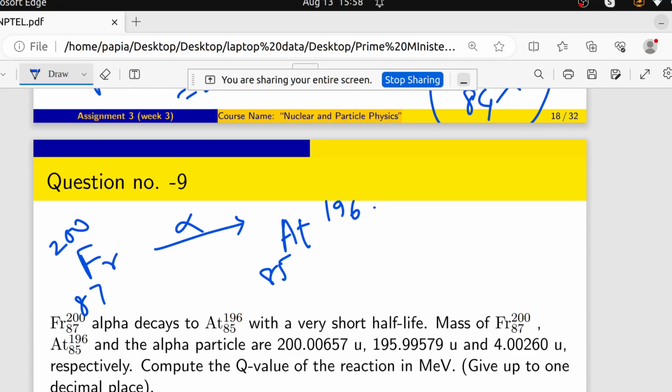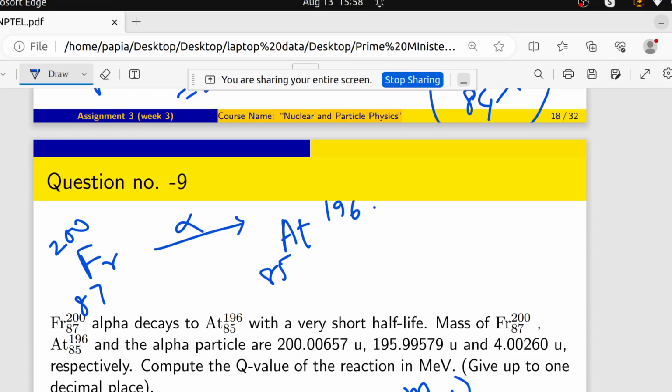So what will be the Q value? Q value is nothing but the mass of Fr minus the mass of At minus the mass of alpha. This is the Q value.